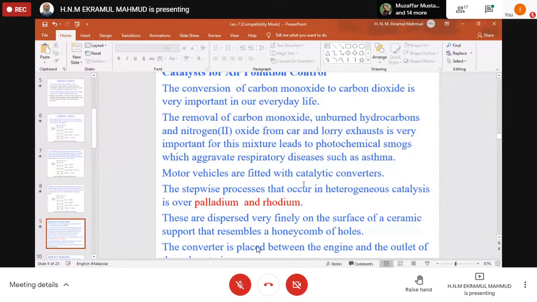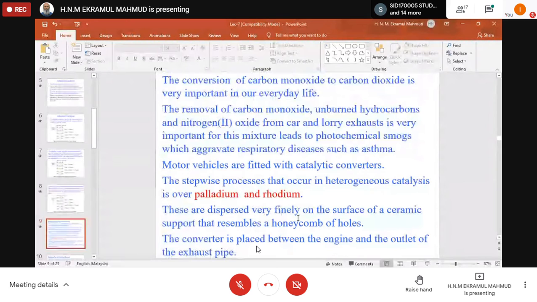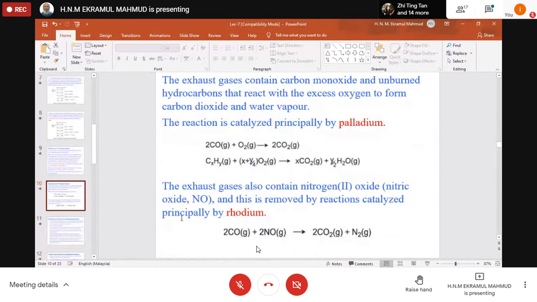Anyway, the stepwise processes that occur in heterogeneous catalysis are over palladium and rhodium. These are dispersed very finely on the surface of a ceramic support that resembles a honeycomb of holes. The converter is placed between the engine and the outlet of the exhaust pipe. The exhaust gases contain carbon monoxide and unburned hydrocarbons that react with excess oxygen to form carbon dioxide and water vapor.